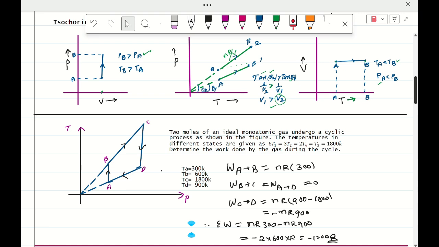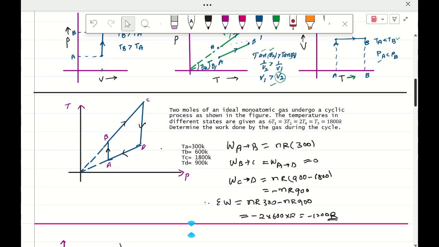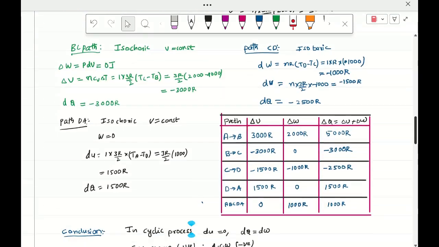Some examples to understand this graph and converting the given graph into required quantities. For example, here T-P is given. I am going to convert it into T-V or P-T, P-V like that. But this question is asking about energy. Okay. So before going to this question, you can try after discussing this question.